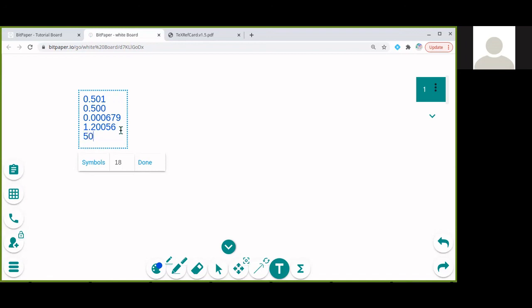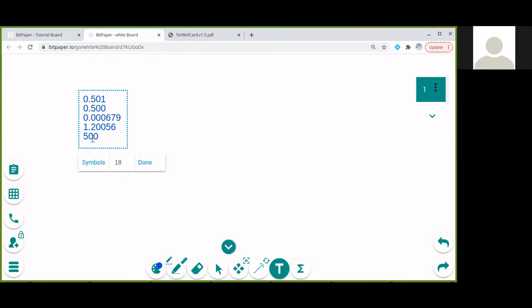What about this, 500? Maybe 1, maybe 2, maybe 3. If you write it just like this, it is ambiguous, because you can write it as 5.00 times 10 to the power of 2, and in that case you will have one significant figure.